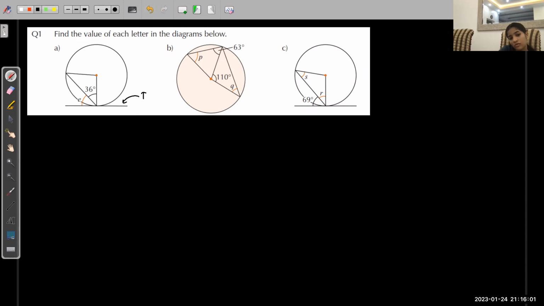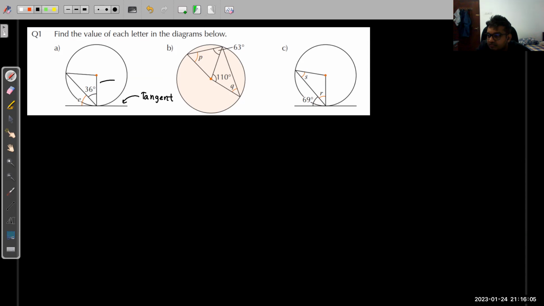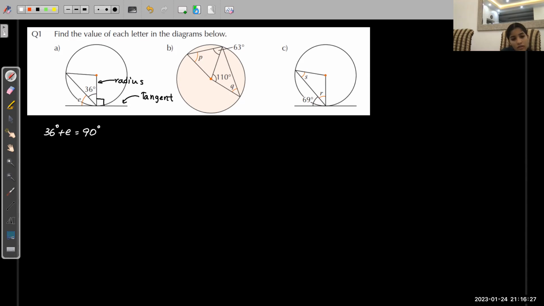This is a radius. What do you know about tangent and radius? They are perpendicular, which means 36 plus E is equal to 90 degrees, isn't it? Yeah. You can write the reason as the first theorem.